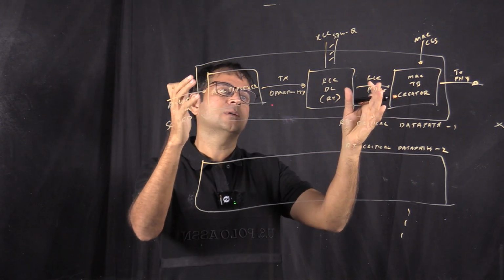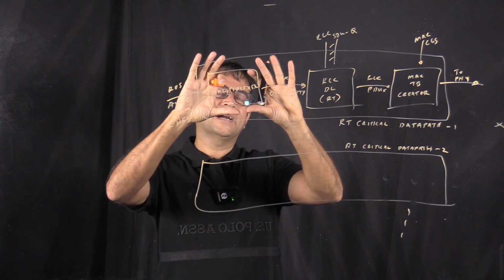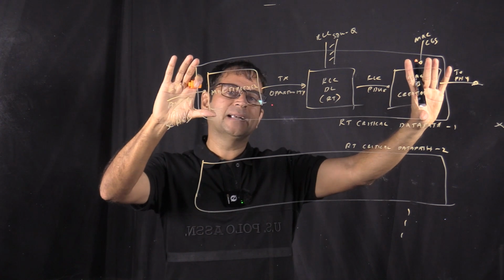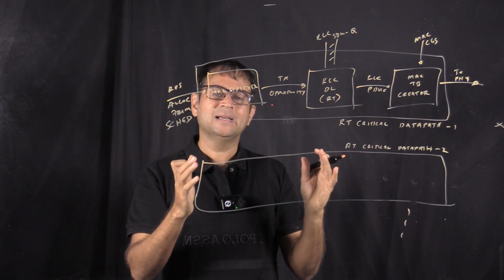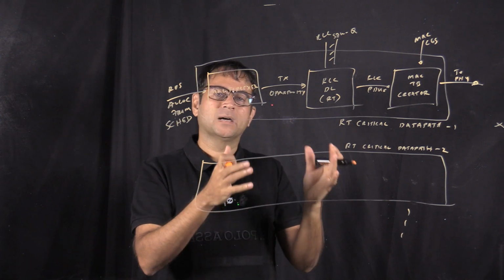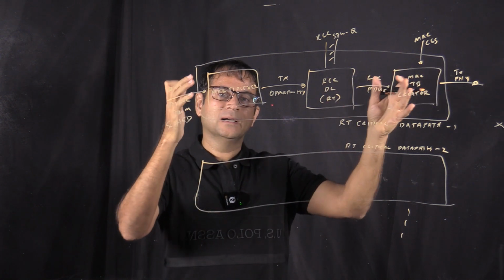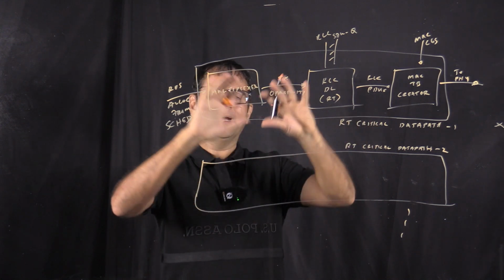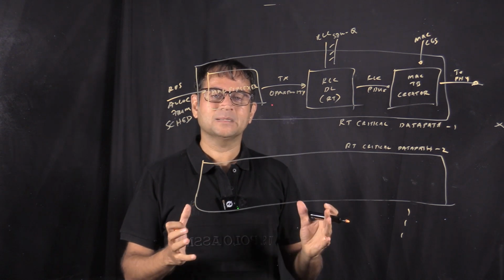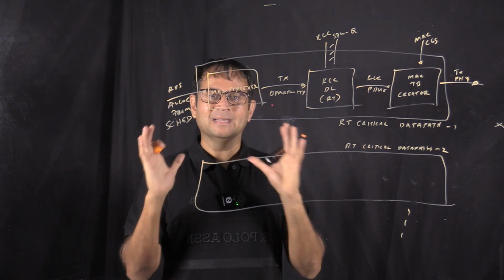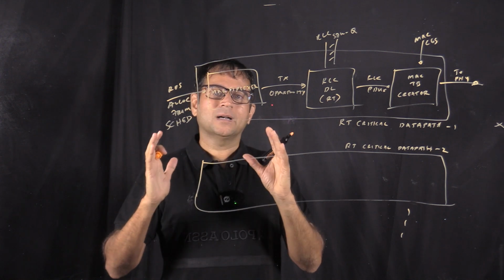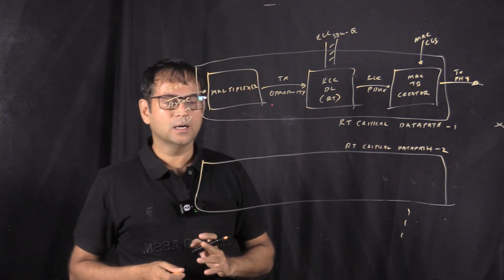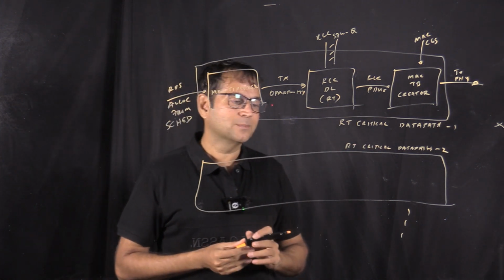But if you figure out, based on profiling, that with the kind of throughputs that I want to support, 1 instance of this RT critical data path can support only 5 UEs per TTI, then we run 4 instances of this entire module on 4 different cores, each of them supporting 5 UEs per TTI, and overall as a system, we can support 20 UEs per TTI. That in essence is your data decomposition as applied to 5G NR RAM. So that's about data decomposition.